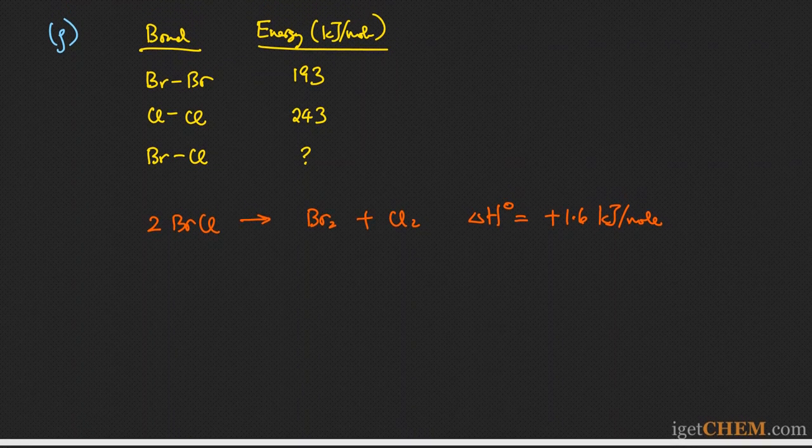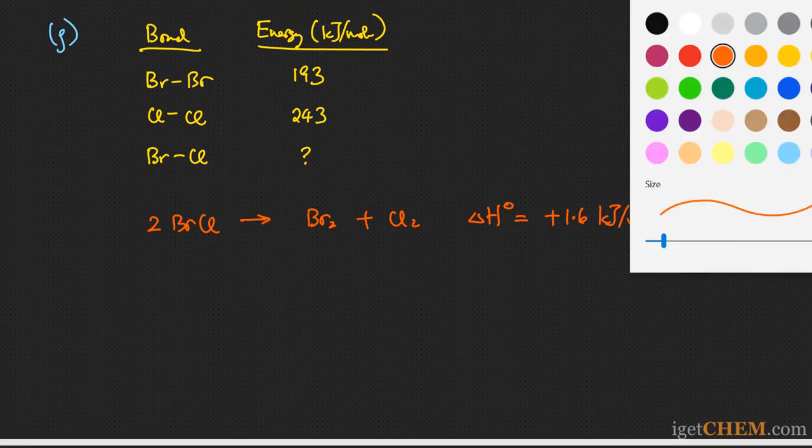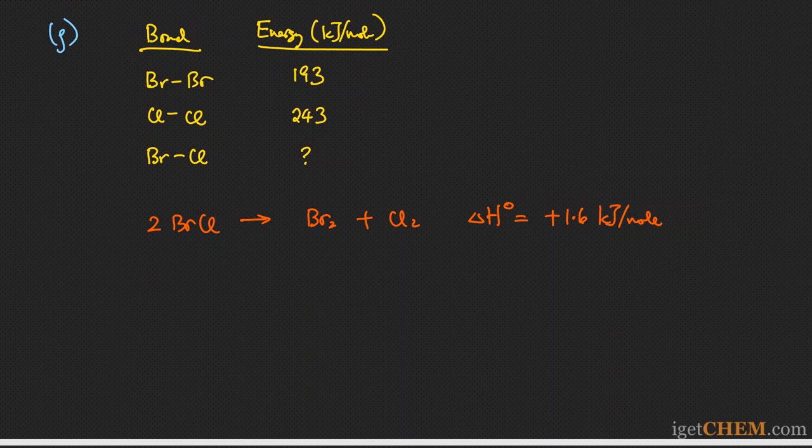Now that we have the data in this table, then we know the bond energy of Br2 and the bond energy for Cl2. Then we can use this equation to calculate the delta H of the reaction by adding up basically all the energies of the reactants. So this is basically sum over all the energies of Br2 and Cl2.